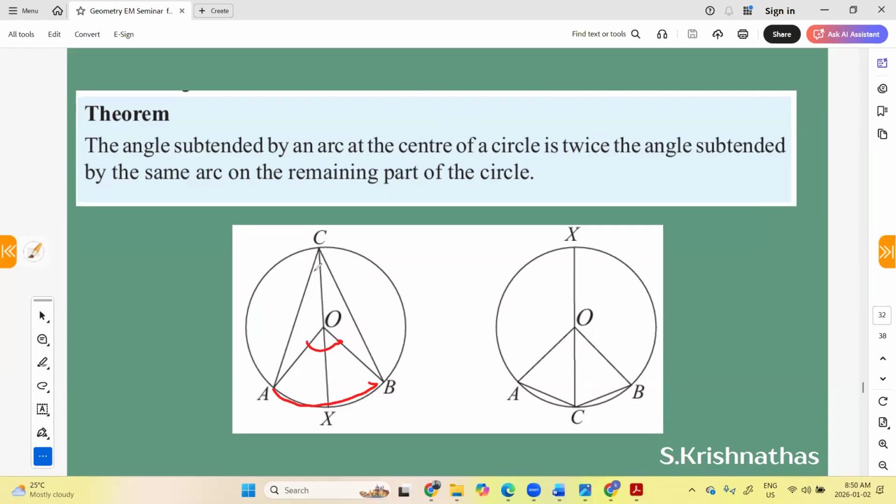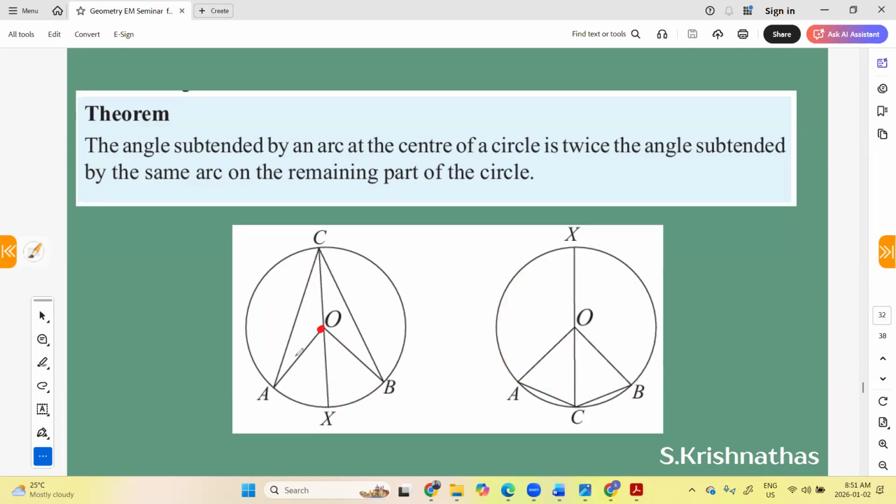This is the angle at the circumference. If this is x, this one is 2x. Then if you consider the major arc, the subtended angle at the remaining part is y, and at the center it is 2y. So we have to prove that, right? The formal proof for this theorem.